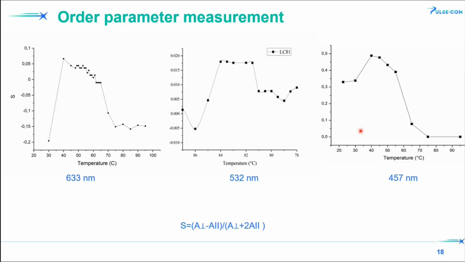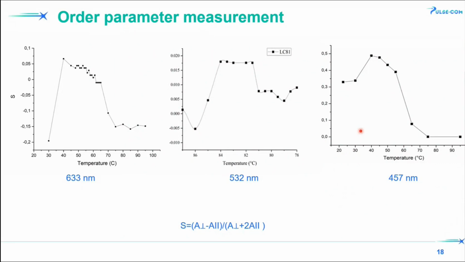You're going to have a range of temperatures. In this case, 532, for example, is comprised between 82 and 84 degrees. So you need another approach to understand what's the best temperature to keep your liquid crystal in nematic conditions.